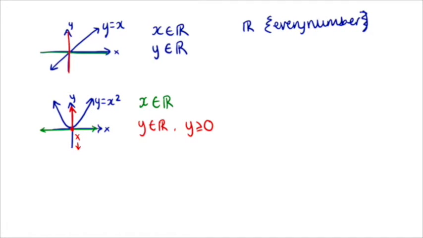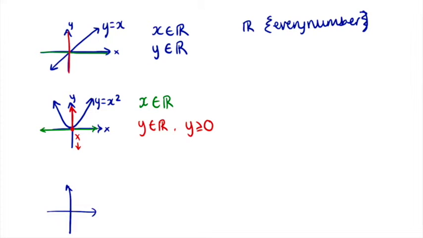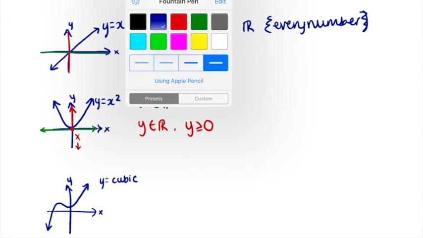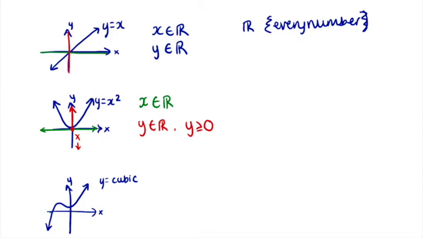Now if we have a look at some other questions, so for example, a cubic graph might look something like this. So y equals a cubic, doesn't matter what cubic, and this is going to carry on forever in both directions. So again, the domain can be anything.